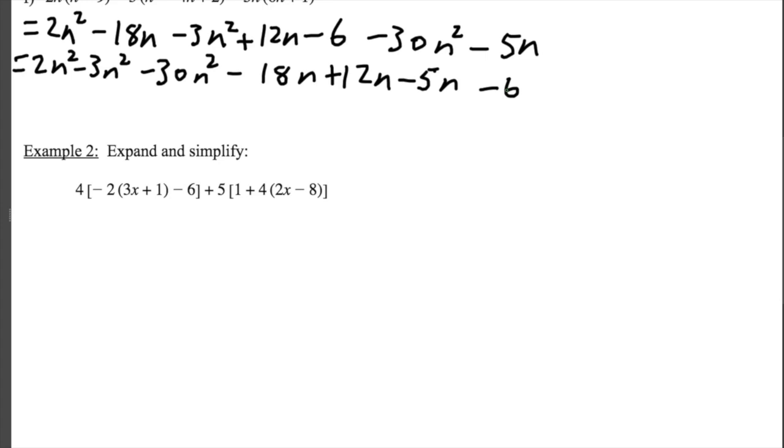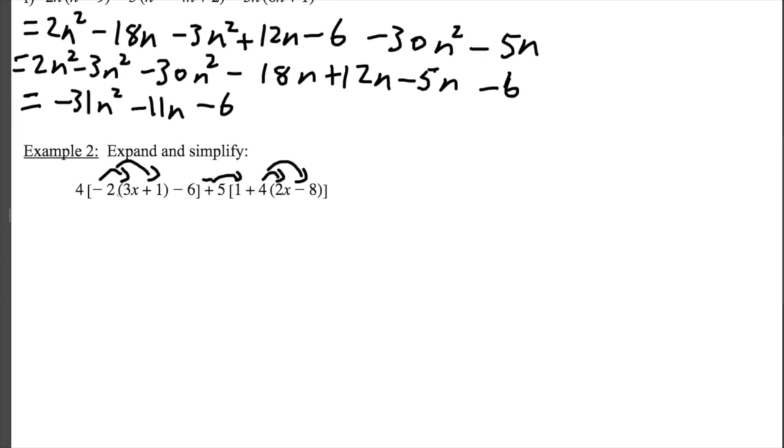All right, so for this example, we're going to multiply the minus 2 to 3x, minus 2 to 1, and then we're going to multiply the 5 in the future, but not right now. We need to do the 4 to the 2x and to the 8, and we'll hold off. So first, we're going to deal with inside the brackets first, and leave the outside alone.